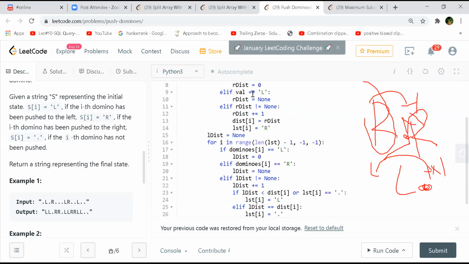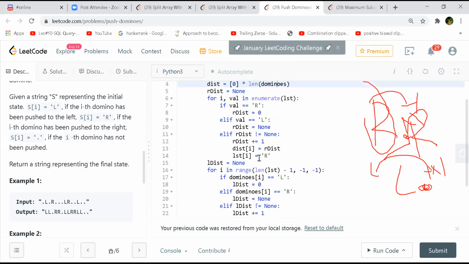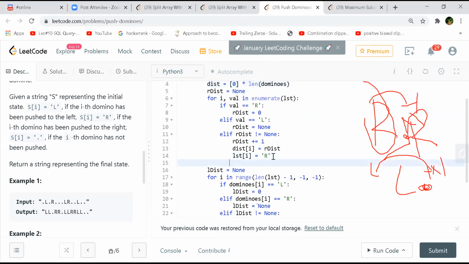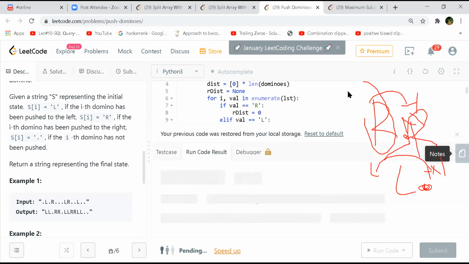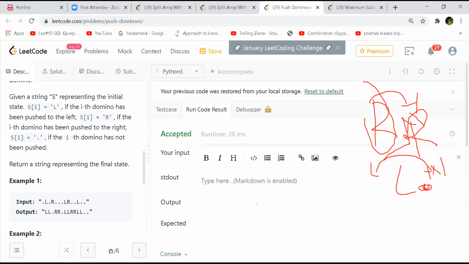So when you are going from the left to right, can you scroll up a bit? Sure. So when you're going from the left to right, it means your left will only fall to the left side, but R will fall to the other side. Whenever you find an R, the next value will be R. Yeah.